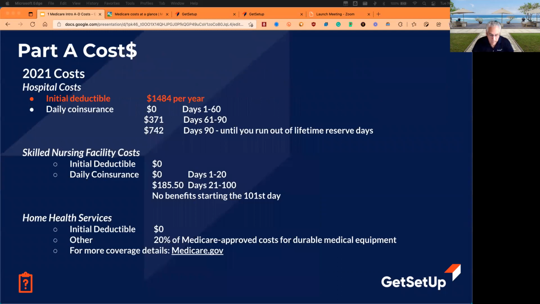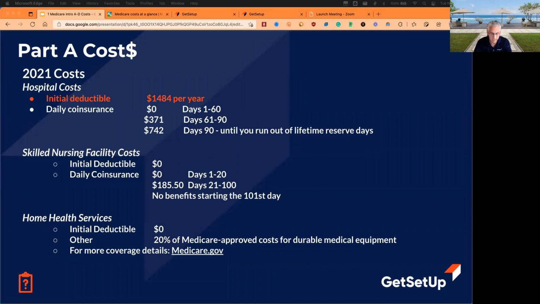So what does it cost? Again, there is no cost to Medicare Part A, but there is a deductible that has to be met, and that's $1,484 every year. If you stay in a hospital for longer than 60 days, anywhere from 61 to 90 days, there is a $371 cost, and that is a daily rate. Anything beyond 90 days is $742.